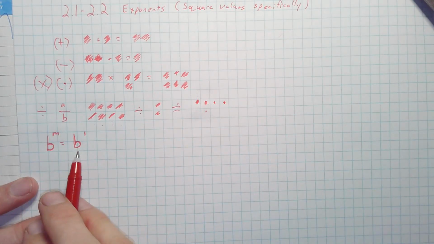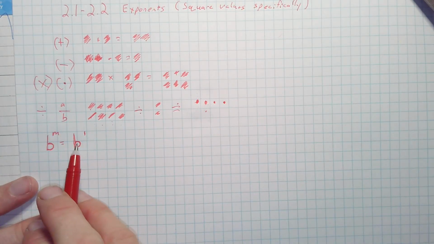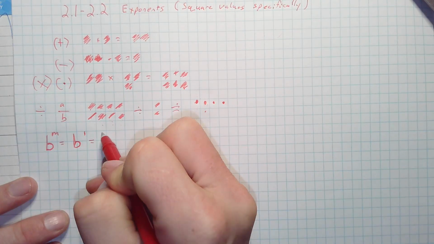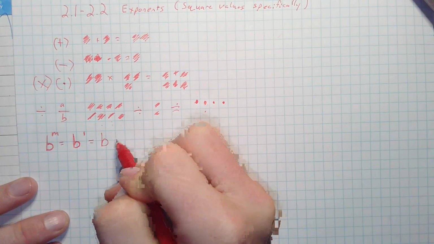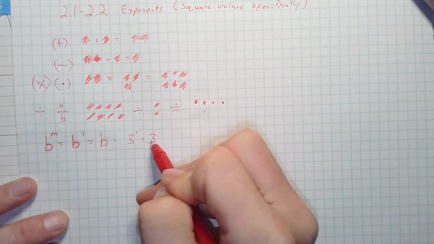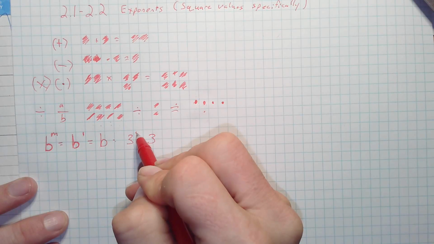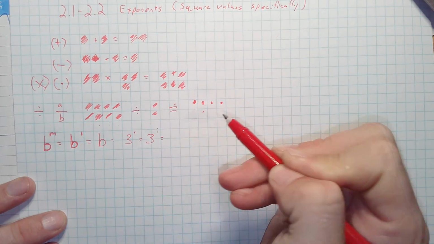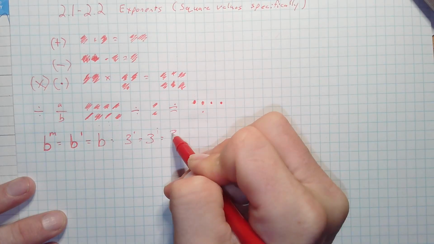This is what you've been doing your entire life with numbers, because anything raised to the first is just itself. Like 3 to the first is just 3, right? So you just don't write the 1. It's invisible. You don't write it because it would be redundant, but it's there.